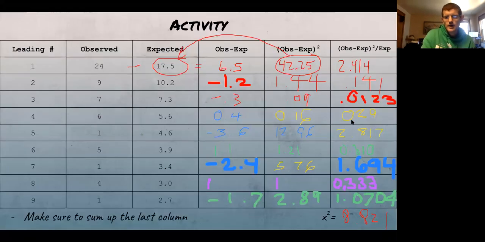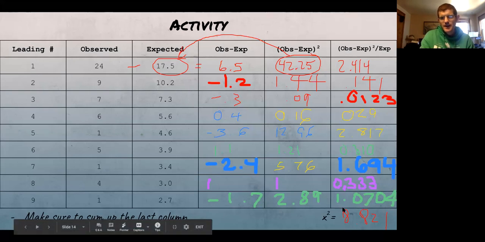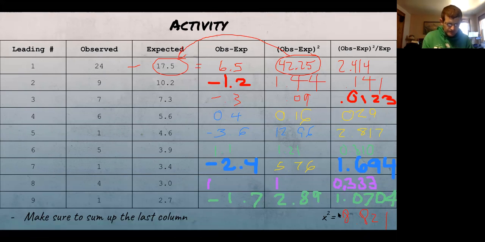Okay, so we added this up and came up with our chi-square statistic. And this number right now has just about as much meaning as when we calculated a t statistic or a z statistic before. So if you got a t of negative 2.193, that on its own doesn't answer the question of whether something is statistically significant.